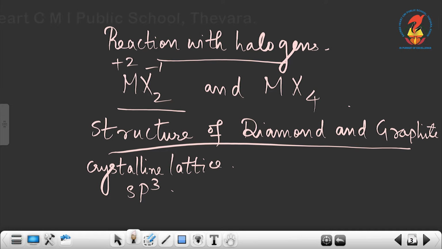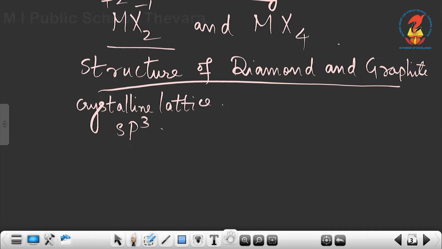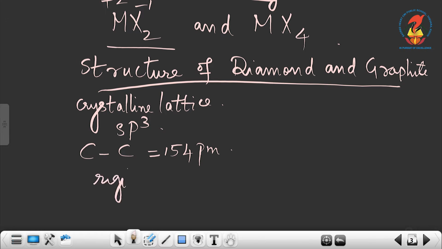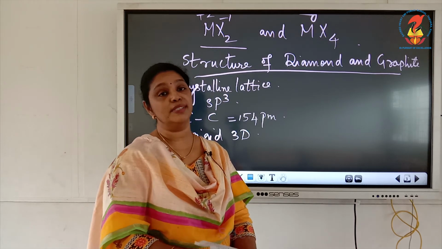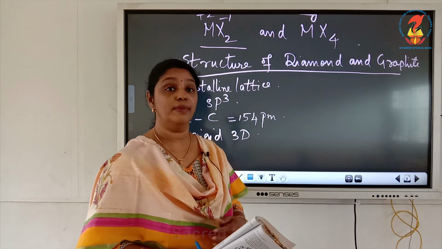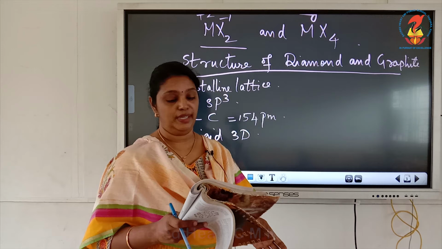The C-C single bond length in diamond is 154 picometer, and the structure extends in space and produces a rigid 3-dimensional network of carbon atoms. So, we have a 3-dimensional network of carbon atoms in diamond, and the carbon atom is sp3 hybridized.